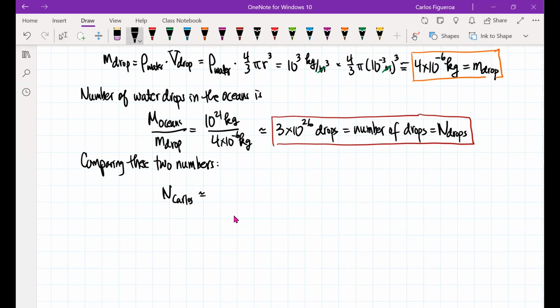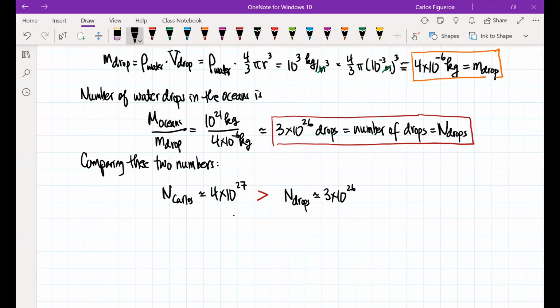We saw that that was equivalent to 4 times 10 to the 27. And then I'm going to look at the number of drops in all of the oceans. And we see that this is approximately 3 times 10 to the 26. You can clearly see that the number of water molecules in Carlos is slightly larger than the number of drops in the ocean.